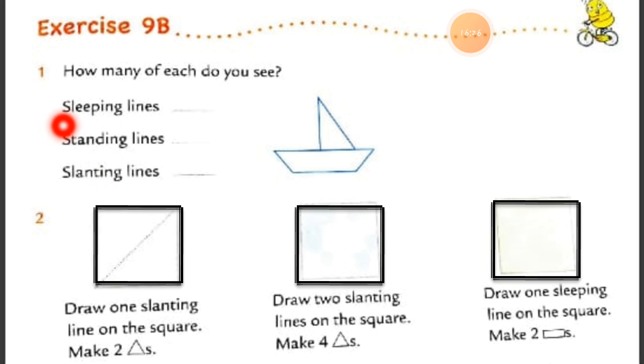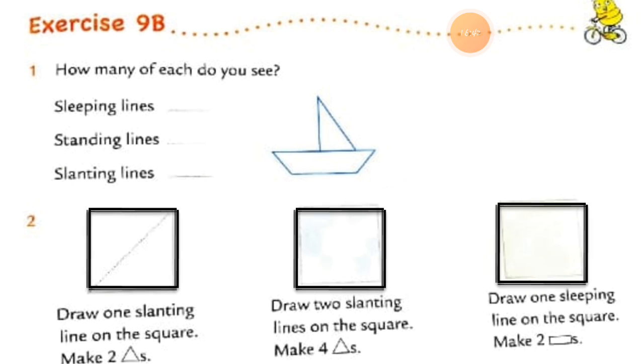We have to find out how many sleeping lines are there in this given ship, in this given boat. How many standing lines are there? How many slanting lines are there? We have to find out from this given shape.